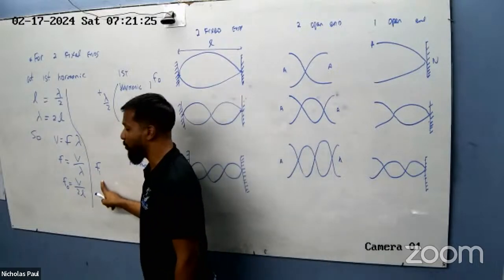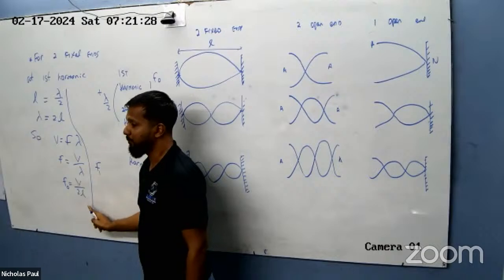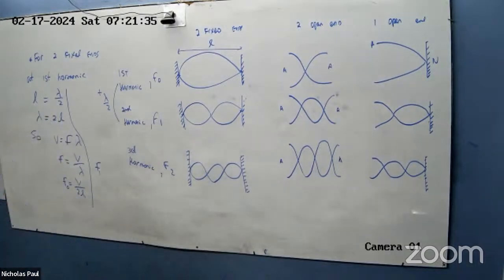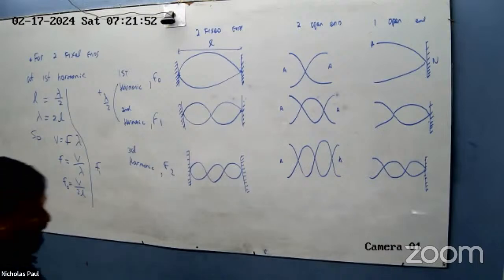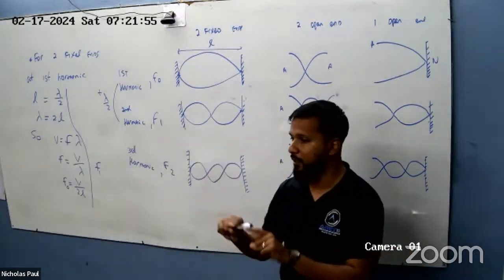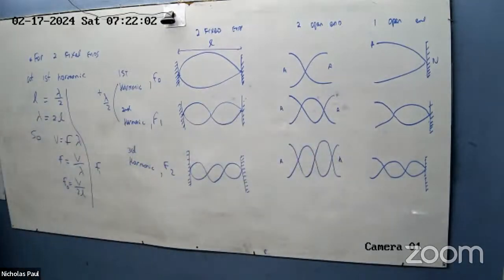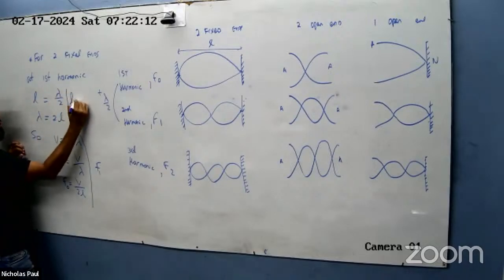See if you can figure out what F1 is in terms of V and L. Everything is in the notes, we have a nice table in the notes, but I want you to work it out anyway.